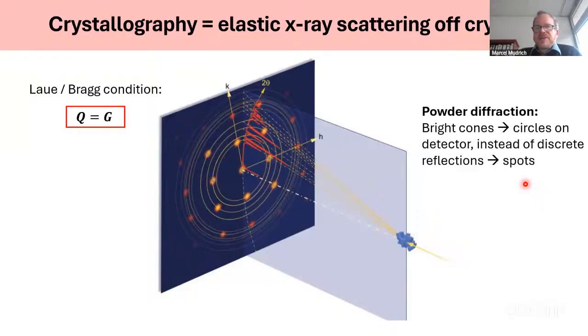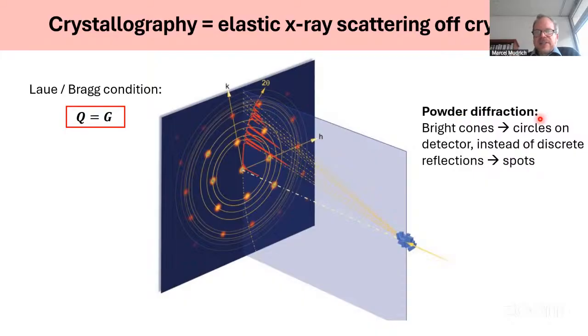Just to maybe also recall from your solid state physics and X-ray scattering course, that there is yet another technique that is also still being used today, which is called powder diffraction.